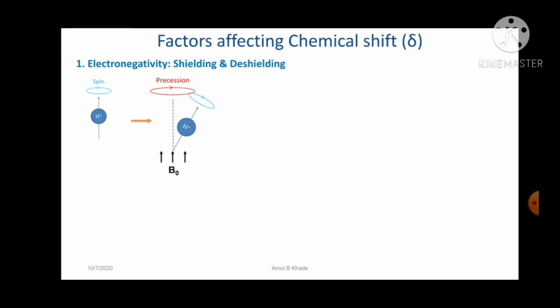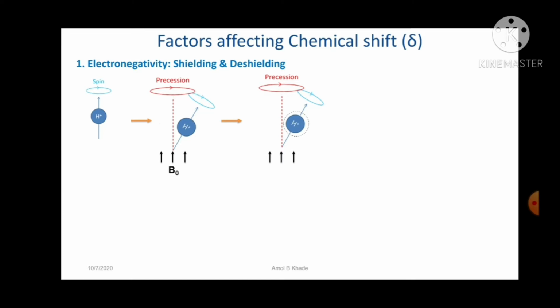What we do in NMR spectroscopy is match this precessional frequency under the influence of B0 with that of the radio frequency beam, and bring them into resonance. So that's why we consider it nuclear magnetic resonance spectroscopy.